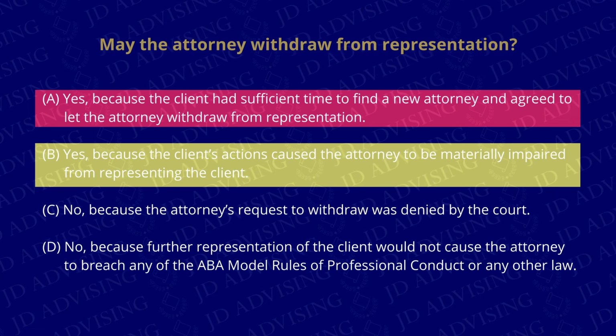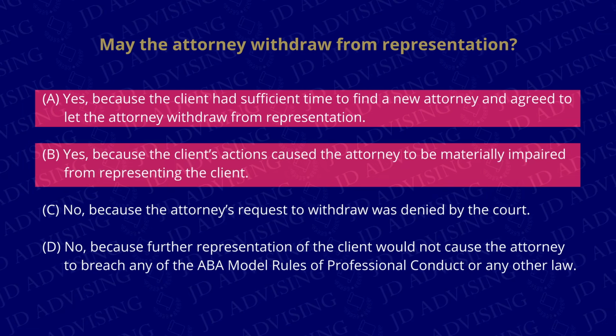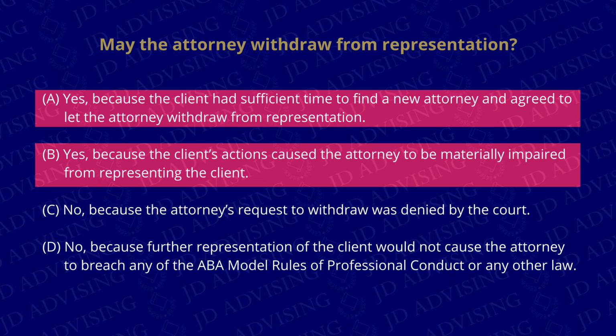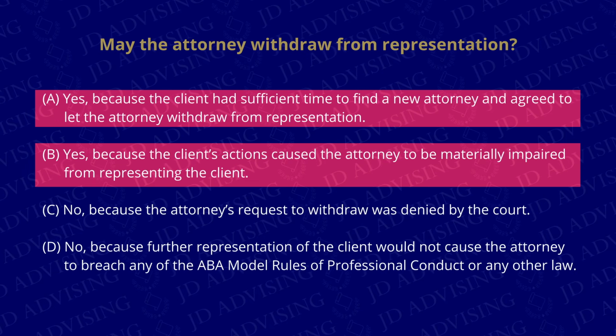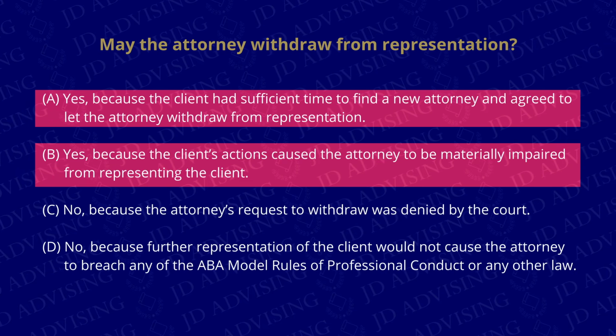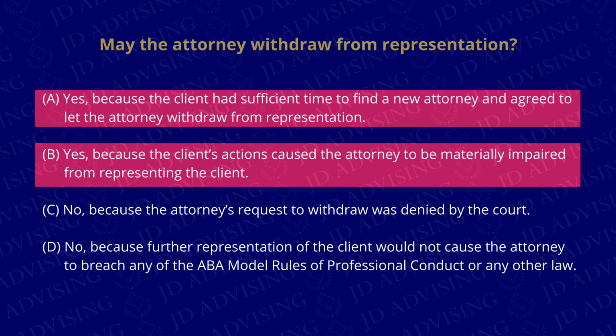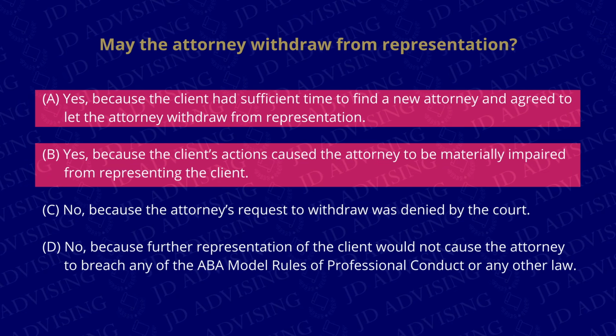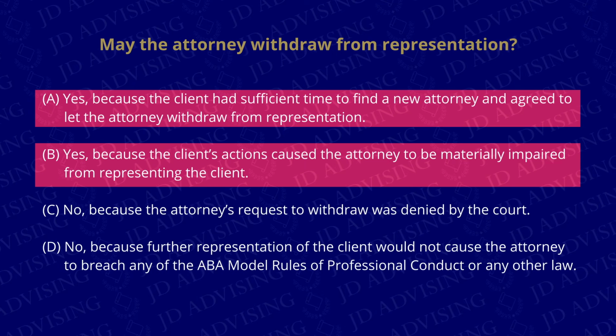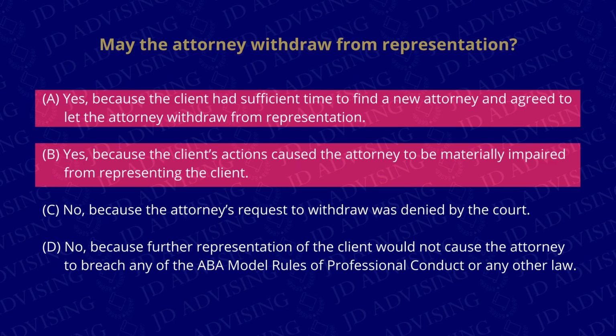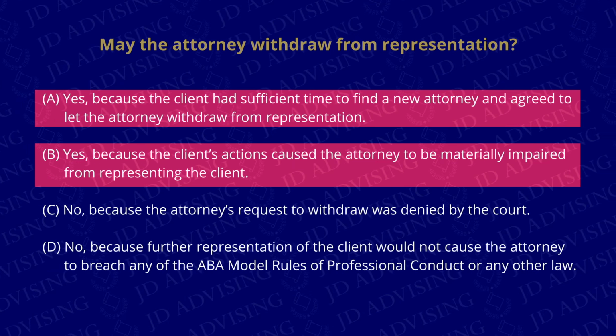Answer choice B says yes, because the client's actions caused the attorney to be materially impaired from representing the client. Answer choice B is wrong for a few reasons. It's a yes answer, first of all, and we're looking for a no answer. And the problem with this is that there are more than one reason to seek withdrawal from a client. Here I would say that this lawyer has good cause based upon this constant disagreement between themselves and the client.